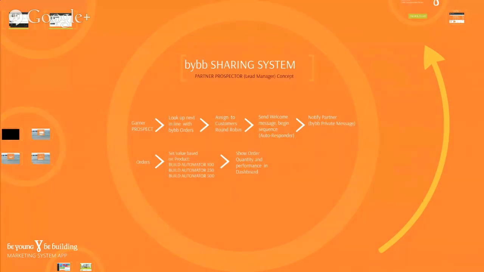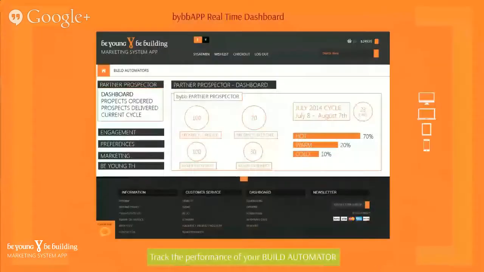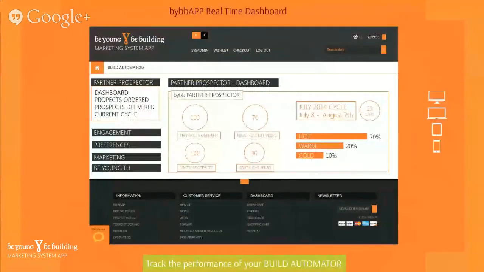And then we want to show those quantities and track all of that performance and metrics in your dashboard. So an idea of what that looks like when it's loaded is here on the screen, and we're going to show you how many prospects you've ordered, how many are delivered, what their state is, how many have enrolled, and this is all real-time tracked.